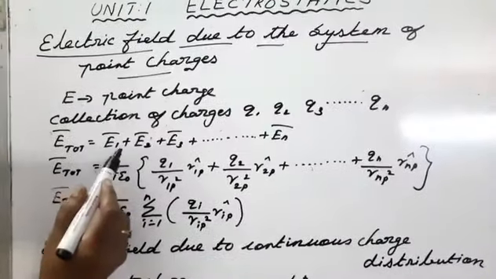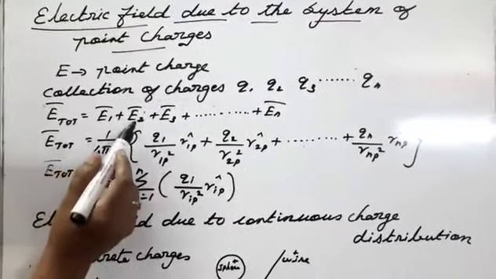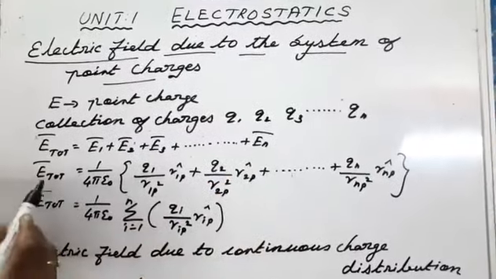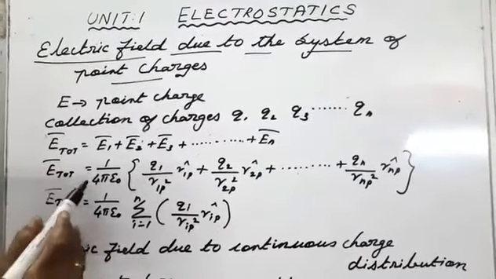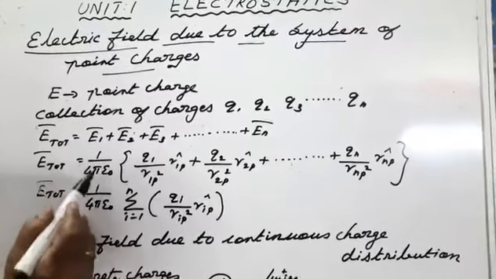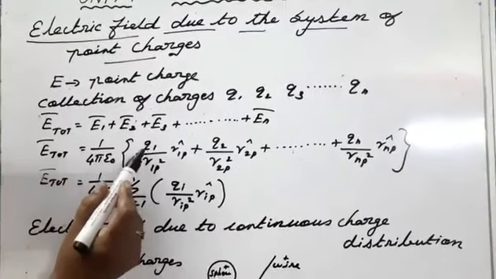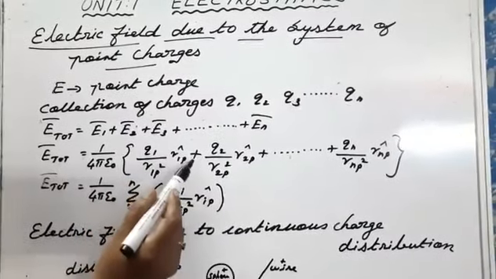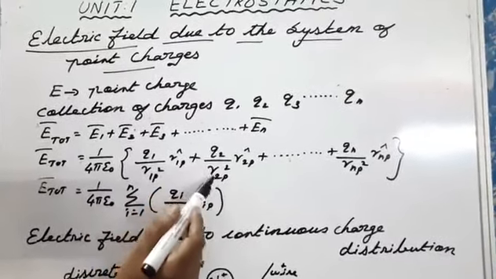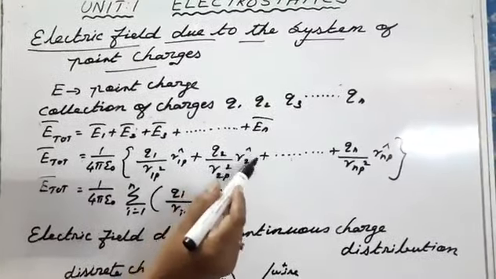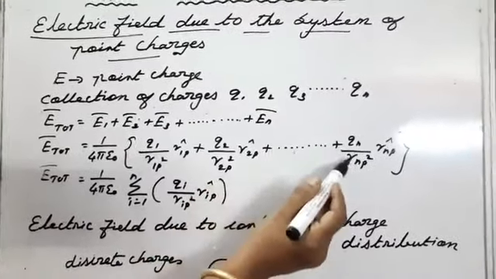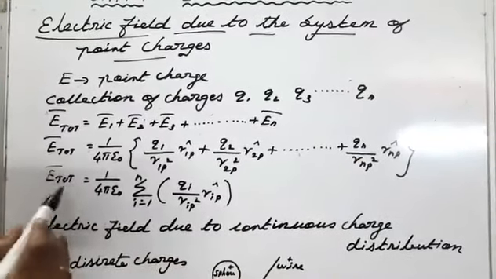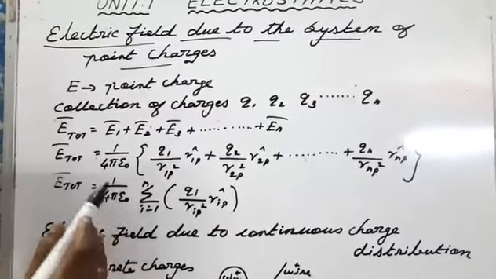The formula is E total equals E1 bar plus E2 bar plus E3 bar and so on up to En bar. Now we substitute the value; the common factor, 1 by 4 pi epsilon, we take it out. Therefore Q1 by R1p square R1p cap plus Q2 by R2p square R2p cap and so on up to Qn by Rnp square Rnp cap, and the total value we take by summation.